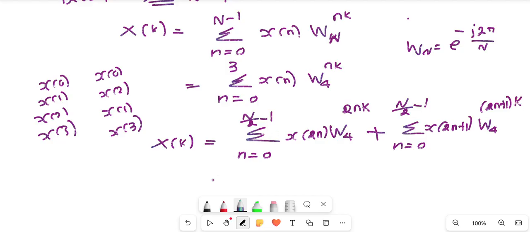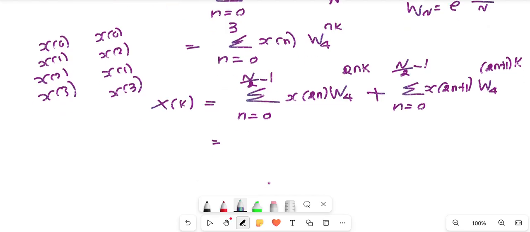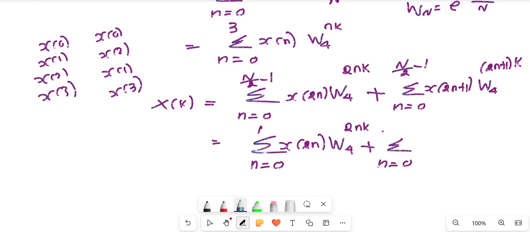Now you can split this one. This simple concept is easy to understand. For N equal to 4, n from 0 to 1: x of 2n W_4^2nk plus the summation of n equal to 0 to 1 x of 2n plus 1 into W_4^(2n+1)k.